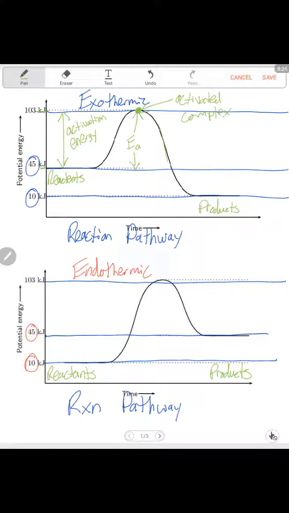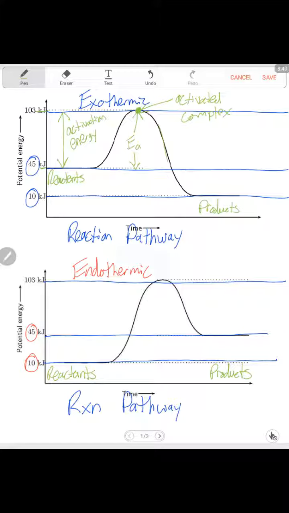When you get to that point, that's when the reaction starts: you're breaking your bonds and then forming new ones to get to your products, or vice versa. Whether you're breaking the bonds to make new stuff or just forming them, it's where you have the most amount of energy in the entire system. After that, it's downhill from there. Then we can go down here to our products.